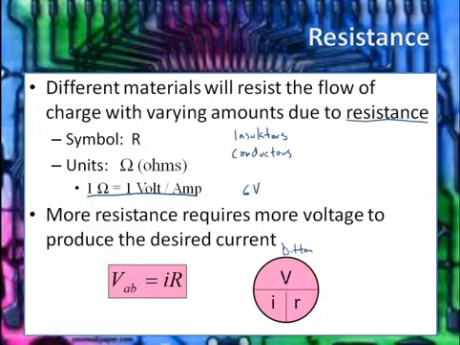If you're looking for current, you would cover up current with your finger, and what's left is V over R. So if you're looking for current, take voltage and divide it by resistance. And if you're looking for voltage, then cover up voltage with your finger, and what's left is I times R. And if you're looking for resistance, which is probably the least likely, you can cover up R, and that's just volts divided by current. Volts divided by amps. That's what an ohm is defined as.